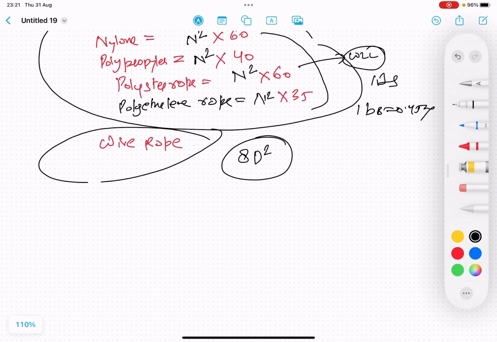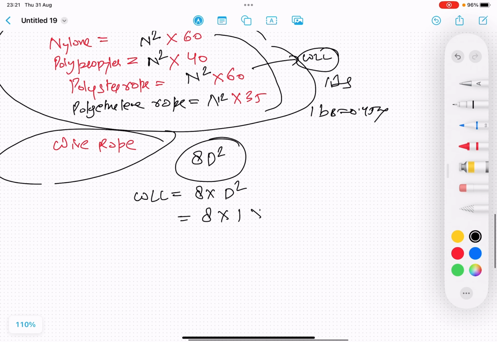Okay, now here it is wire rope. In wire rope, 8 into d squared. Here the WLL comes out to be 8 into d squared. For 1 inch diameter, directly 8 into 1, and let's take a half inch diameter as well. For the 1 inch diameter, that is 8 into 1 into 1, 8. For the half inch diameter, 8 into 1 by 2 into 1 by 2, then it is 2.